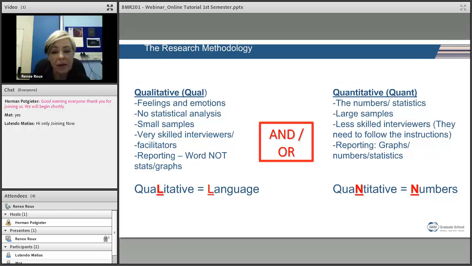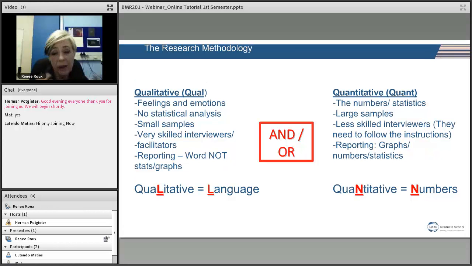They don't facilitate conversation. They ask question 1, then question 2. And your reporting is all about numbers, graphs, statistical modeling. That's why quantitative, N equals numbers. And those are the 2 methodologies that you can use in your research design.